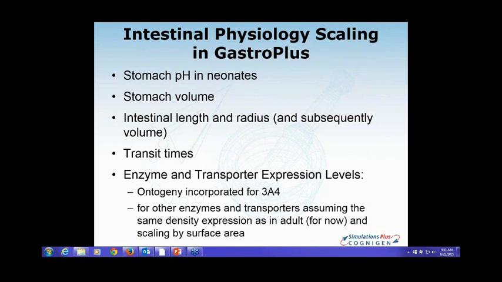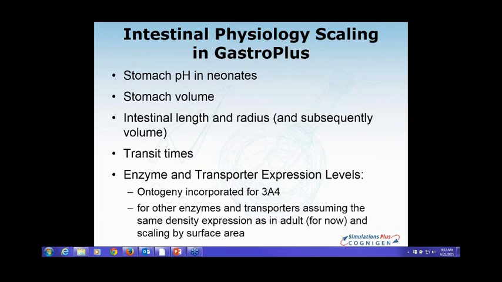Thank you. The next question is from Wen Lin. Does pediatric ACAT model allow us to input an ontogeny profile for enzymes or transporters by the user? So you cannot enter the profile, so you cannot define an equation as to how the expression level should be changing with the age.